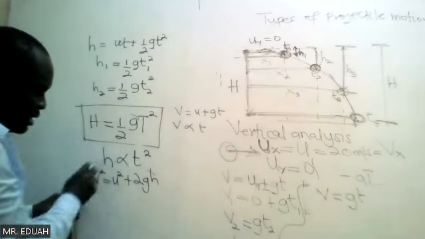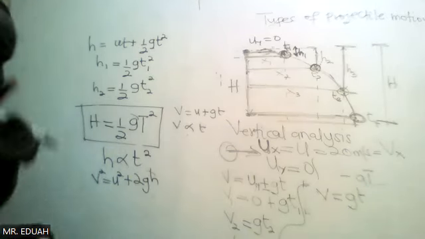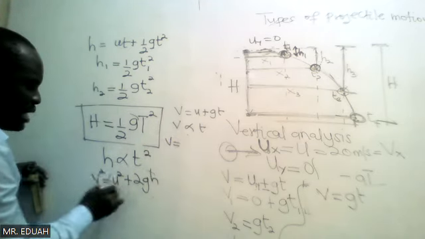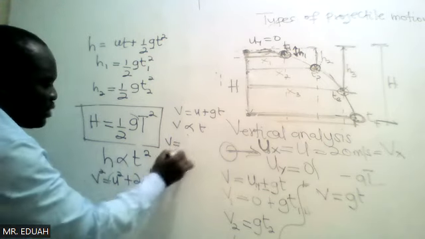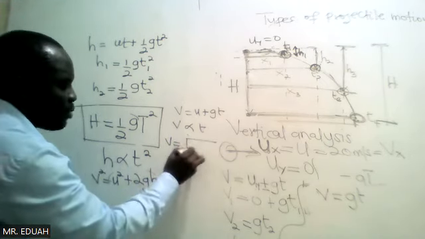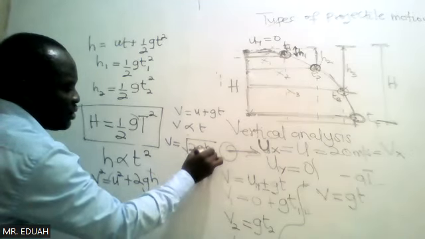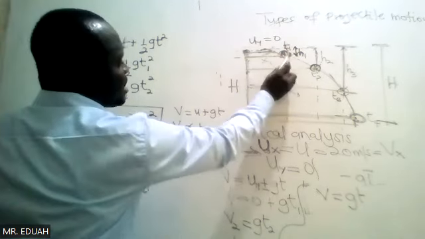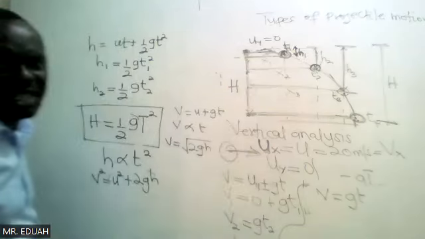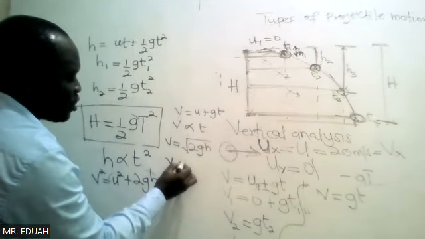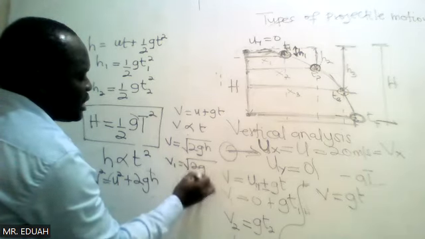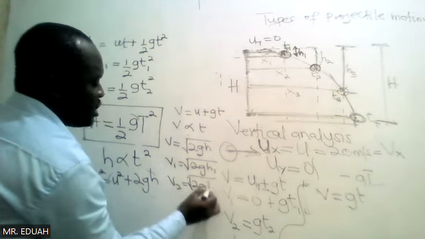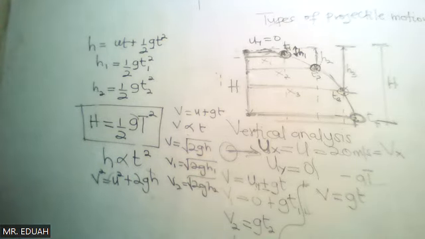We can also use this equation to determine the velocity. If u is 0 here, then v will be equal to the square root of 2gh1. So if we are looking for the velocity of the body here, and we know the vertical displacement, v1 would be equal to the square root of 2gh1, v2 will be equal to the square root of 2gh2, and so on. Are we fine?